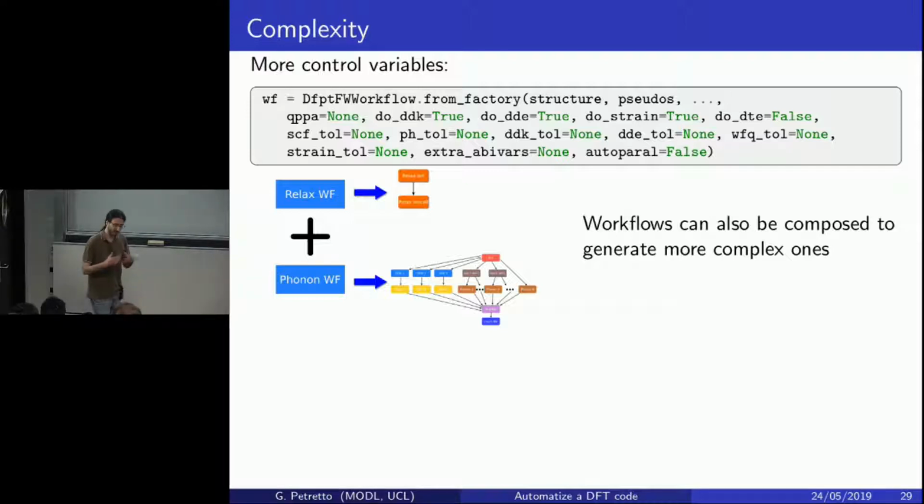The idea was to make, as I've said, the thing modular at several levels, so that at least one can create one DFPT workflow, one relaxation workflow that are obtained from connecting all the different tasks that have to be performed, and then create a new workflow which is the sum of the two.